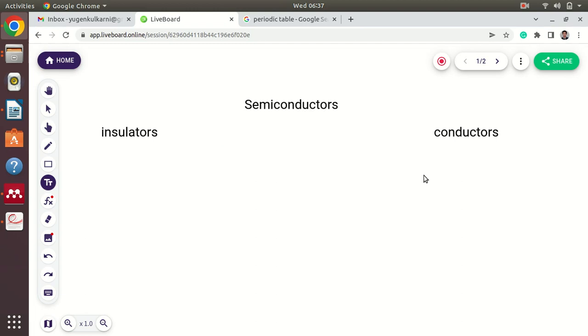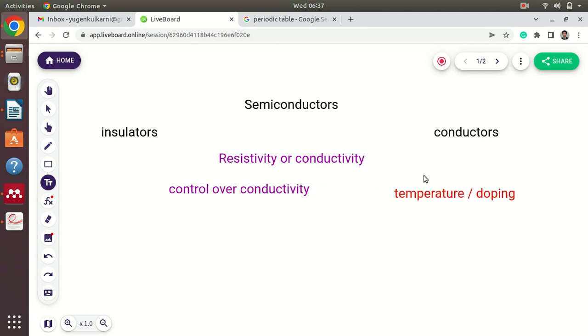It can change because of different aspects, which we can say are temperature and doping. I will let you know what doping is, but this means that we can control the conductivity of a semiconductor. It is not that it has a fixed value of conductivity and we cannot change it, always in between insulators and conductors.